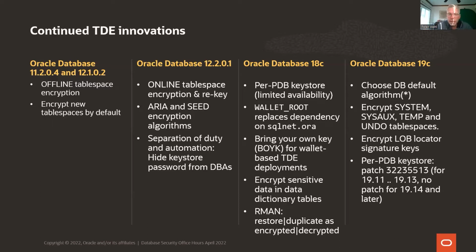In 19c, we introduced an additional key in the database that allows us to finally securely encrypt SYSTEM, SYSAUX, TEMP and UNDO. If you close your key store, this key is not affected by this closed key store, so your database continues to work. My personal recommendation is to not encrypt TEMP and UNDO. That doesn't really make sense, because from day one, from Oracle 10g R2, we tracked encrypted data.